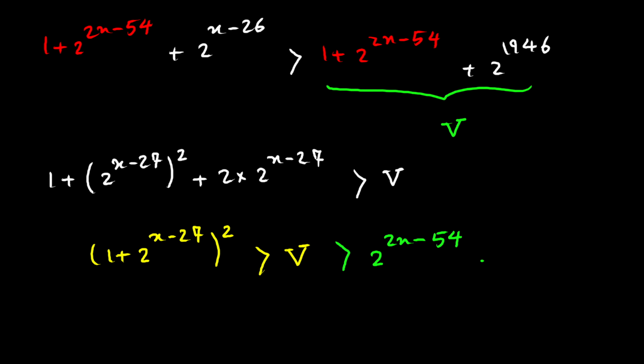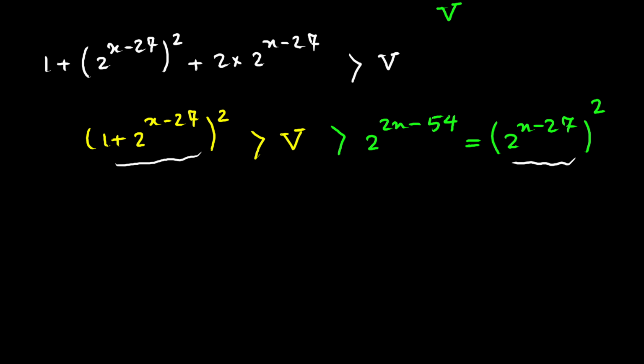And this can be expressed as (2 to the power of x minus 27) squared. Now, notice that this number and this number are two consecutive numbers. So, v lies between the squares of two consecutive numbers.